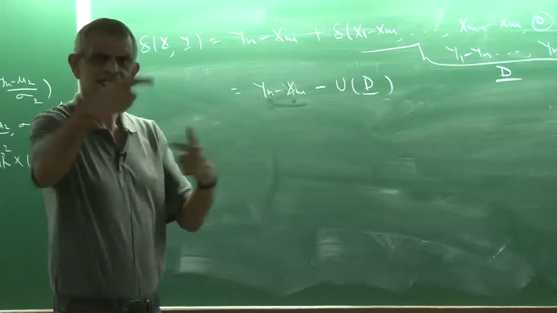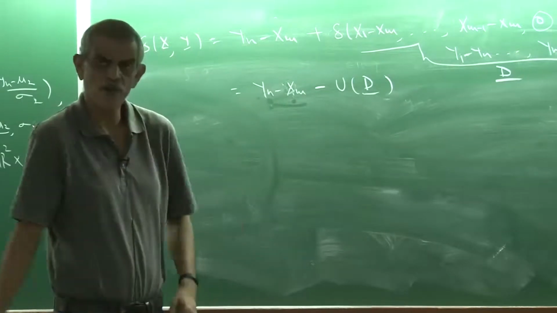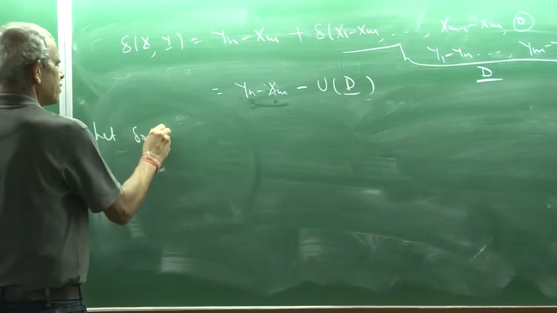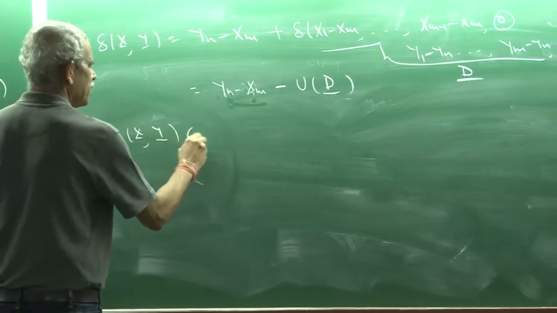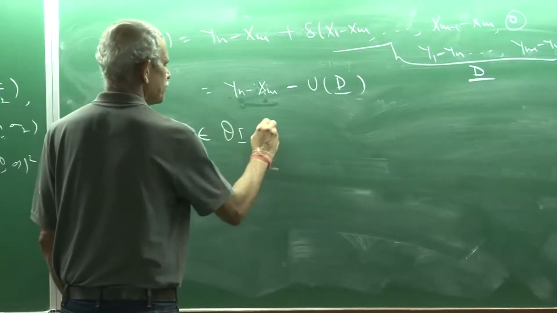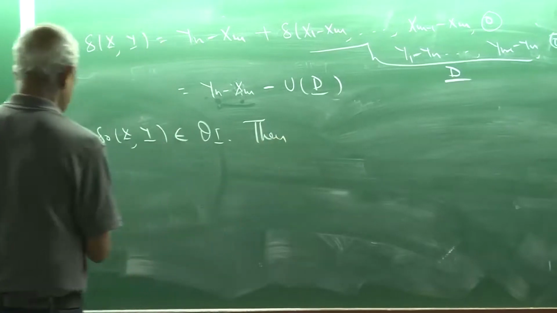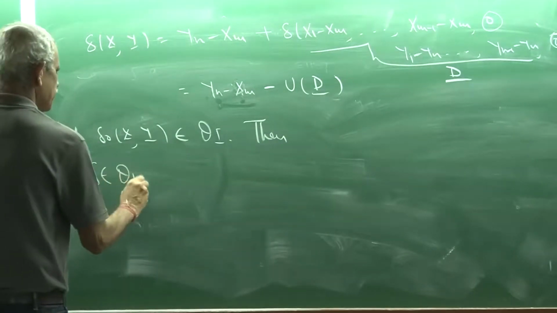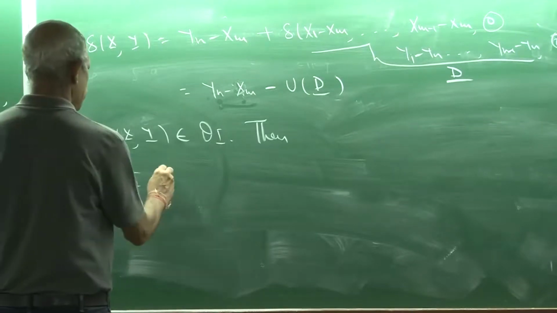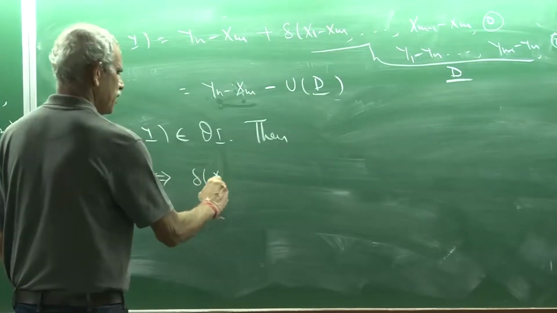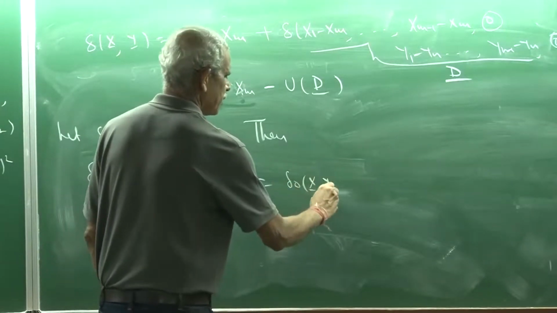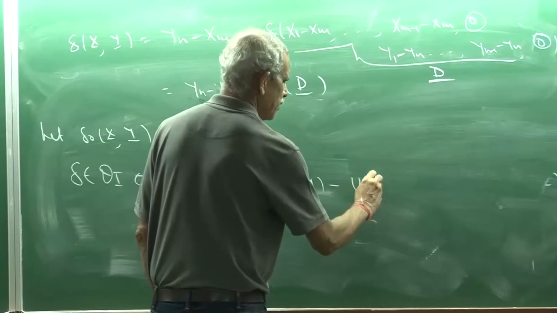Again repeating the same argument as so far, if delta naught of x, y is any invariant estimator, then any other invariant estimator can be written as delta naught of x, y minus u of t.